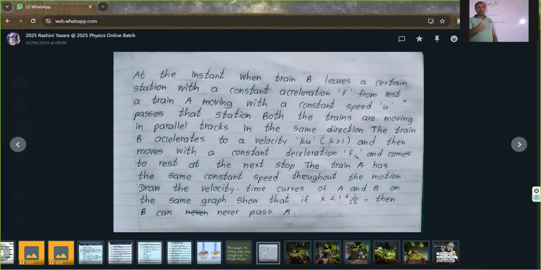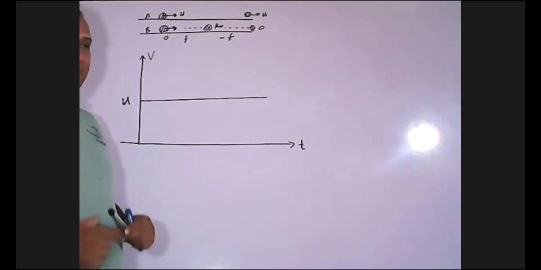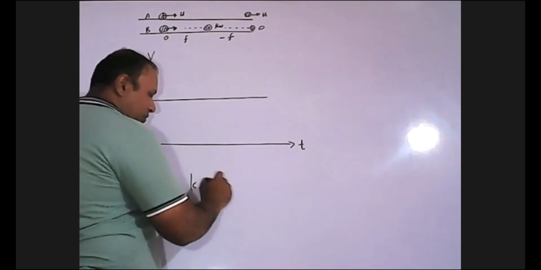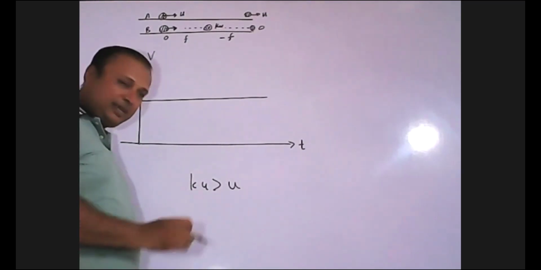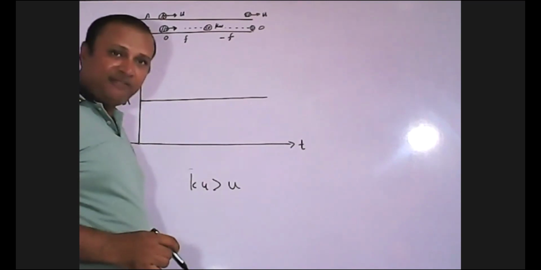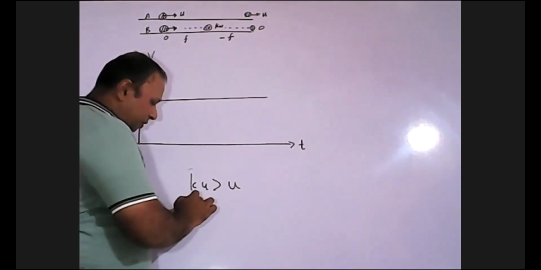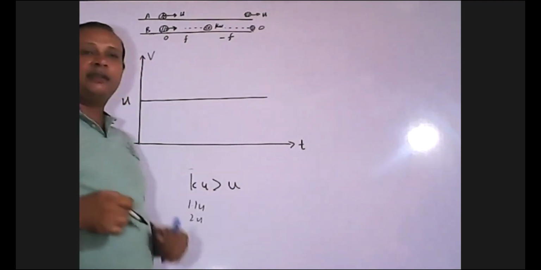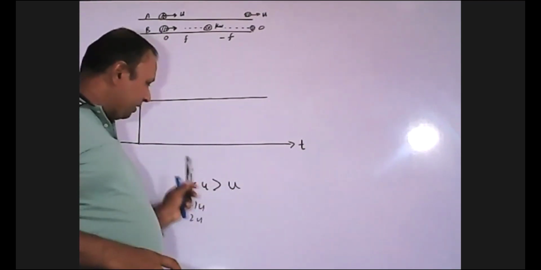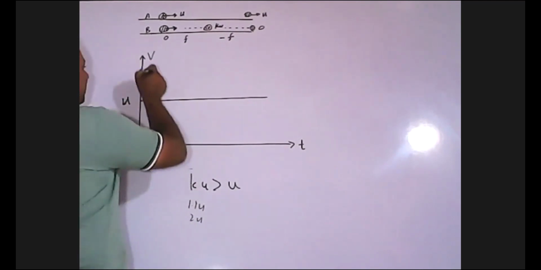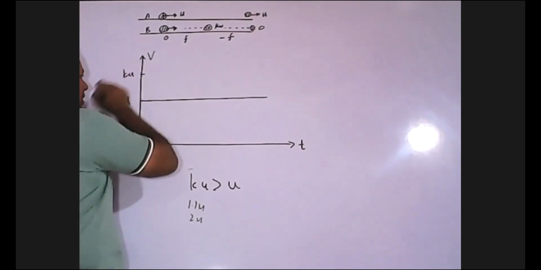K is greater than 1 means ku is greater than u, 1.1u, 2u, something like that. So anyway, ku is greater than u.